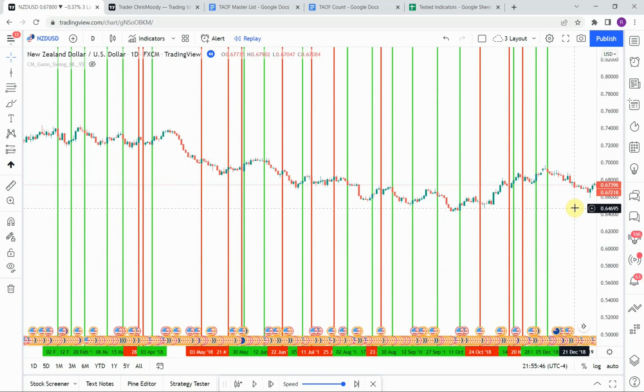So we have 30 trades altogether, and we have 1, 2, 3, 4, 5, 6, 7, 8, 9, 10, 11, 12, 13, 14, 15, 16, 17, and 18. 18 trades altogether puts us right at 60% on the nose.